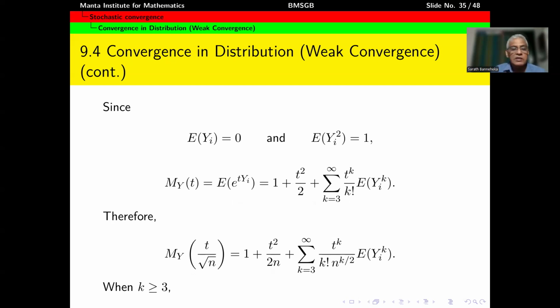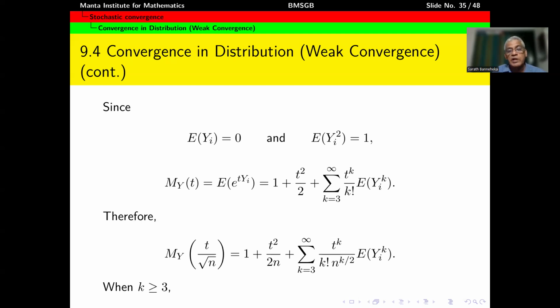So what we really need is actually M_Y evaluated at t over root n. From this one, we can easily get that expression by putting t over root n in place of t. So we get this expression, M_Y evaluated at t over root n is equal to this expression. Now, as I mentioned earlier, you can see that n has come into the expression.